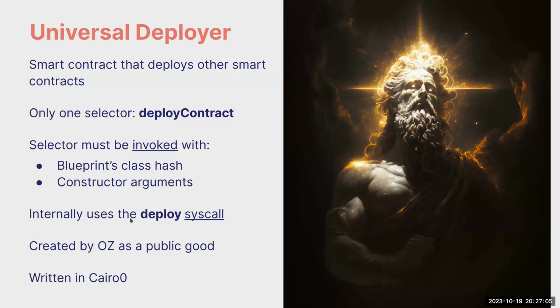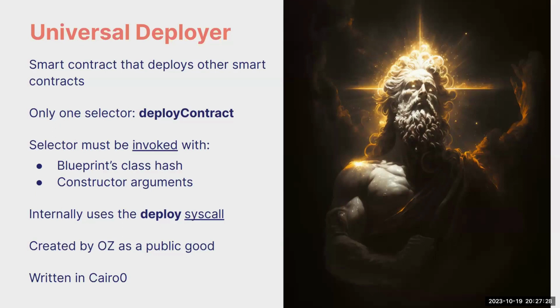Internally it uses the deploy syscall. As we move on in the classes, we are going to see the inbuilt methods provided by the network that we can use in our development.